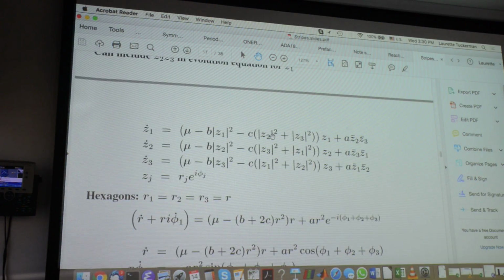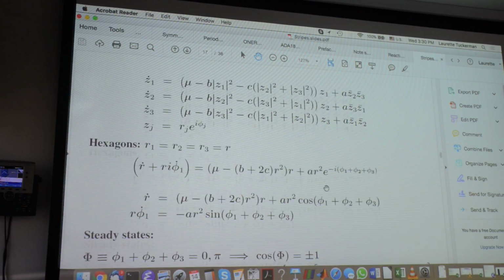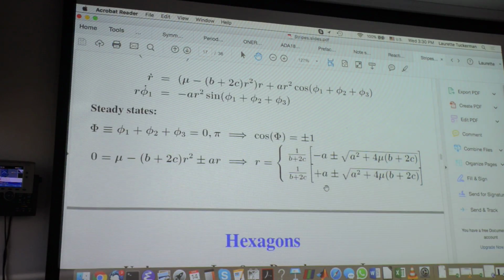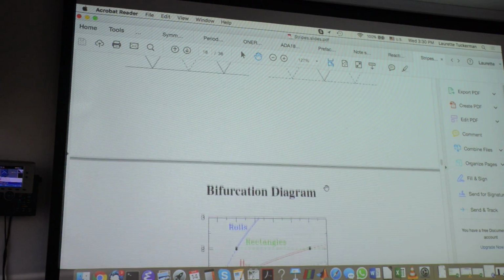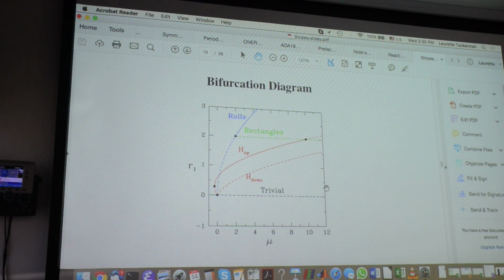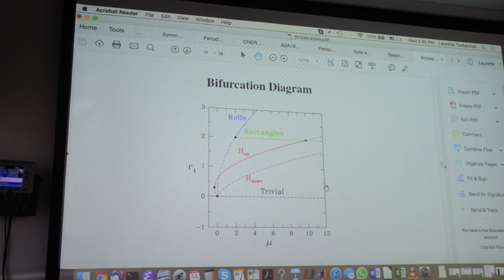Can be a homework problem where you have 2 of them. Okay, we looked at all of them being equal. That's hexagons. We looked at one of them being finite and the other 2 being 0. We could look at a situation in which 2 of them are equal and another one is a different value, and that's rectangles.